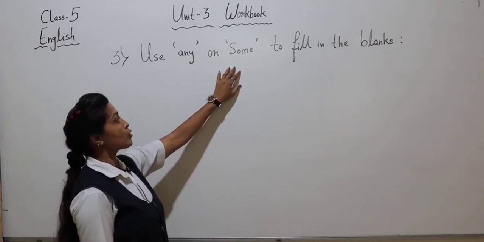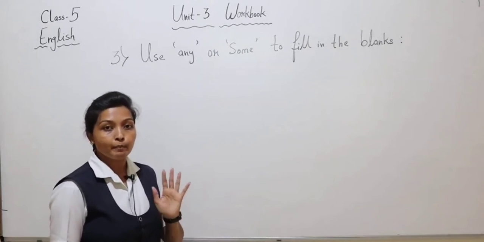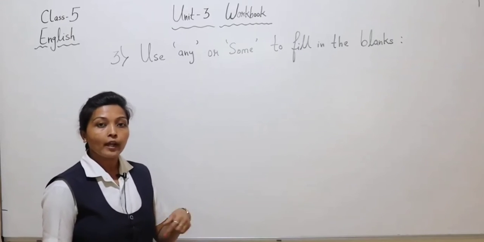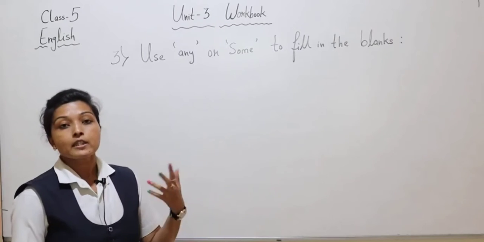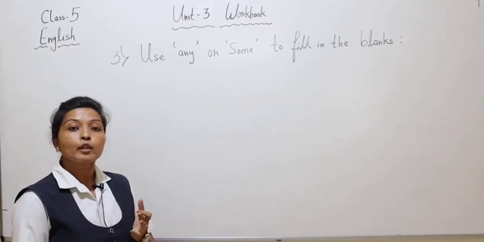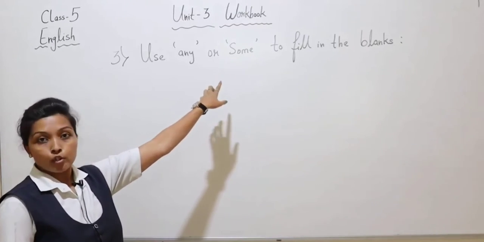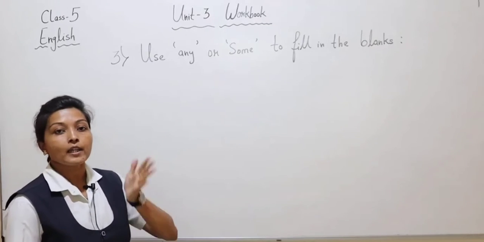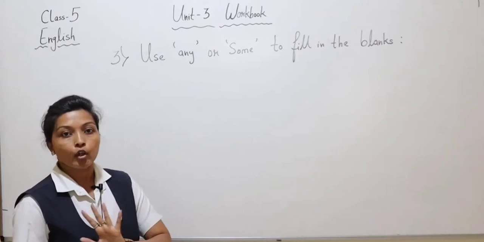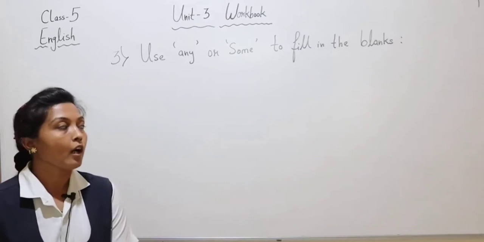So, some is used to identify someone or something which is unspecified, and any is used for one or anything, or some of a thing or a number of things, no matter how much or how many. Clear? Some we use to identify something or someone that is unspecified, unclear, or unknown. Clear?